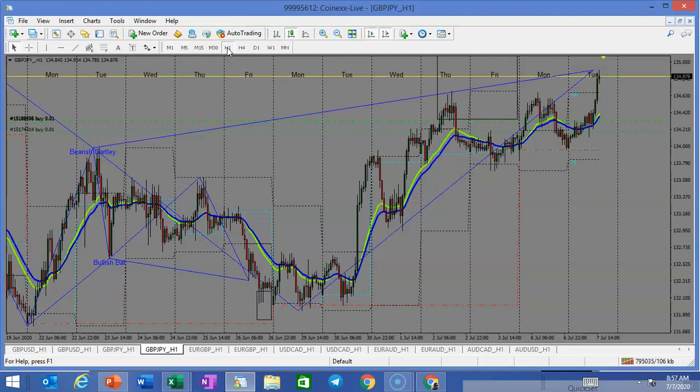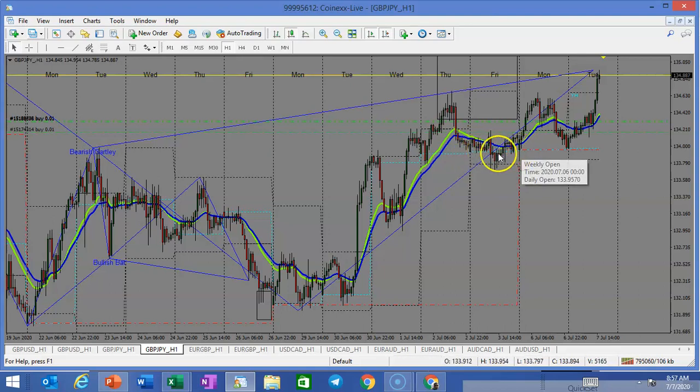So I just want to look at the top of the week. Our weekly open was here. Started here. It actually respected the previous day's open, which is Friday.